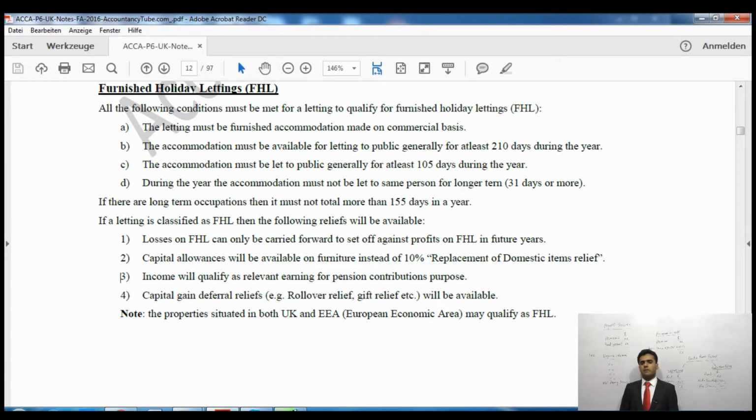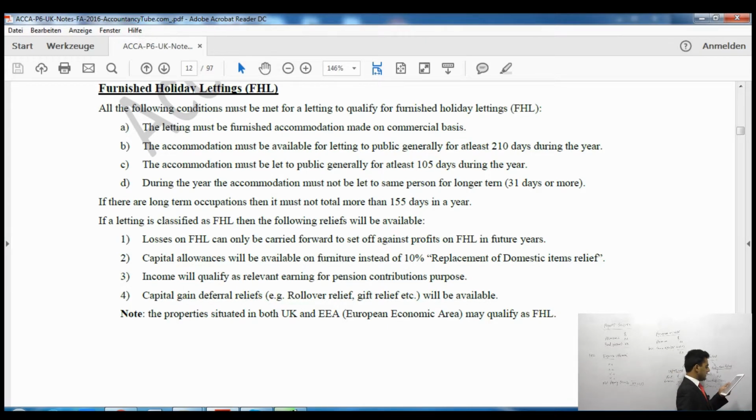So a property somewhere in Scotland, by the beach, or somewhere in Bournemouth or Weymouth, would be a property which can be classified as furnished holiday property. So the first condition is that it must be on a holiday spot, where people come on a visit for a few days, not for ages.